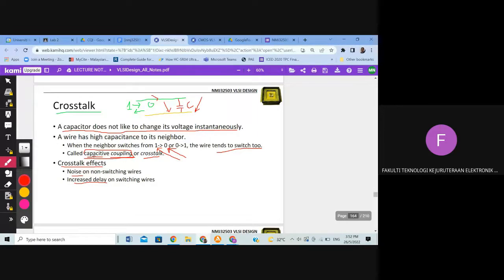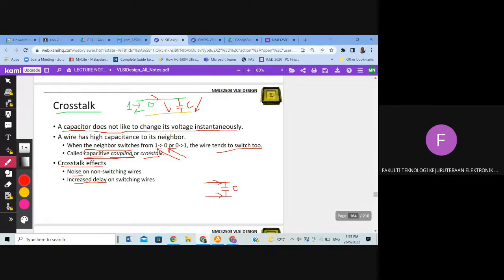Recall your course related to capacitors. When we have two conducting wires with a gap in between them, in this case an air gap, it will introduce a capacitor C. This capacitor gives the capacitive coupling effect, or the crosstalk problem in our chip.